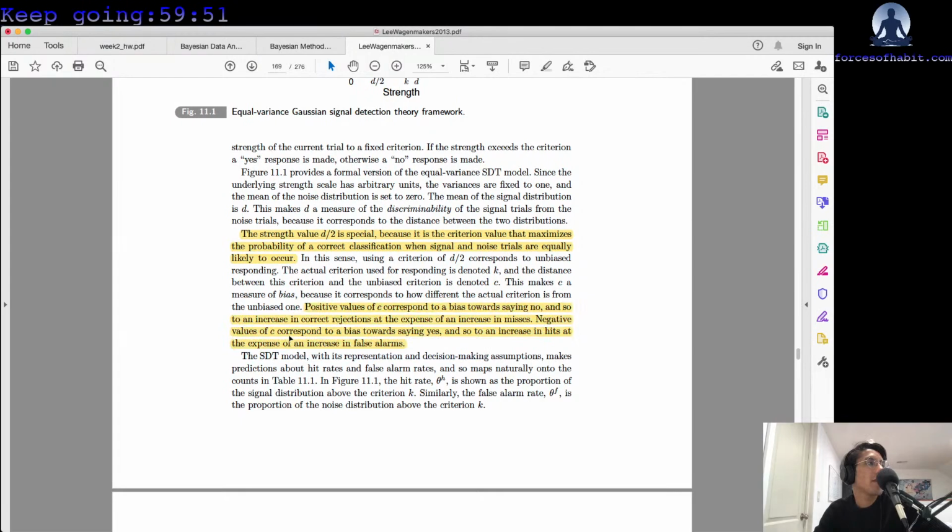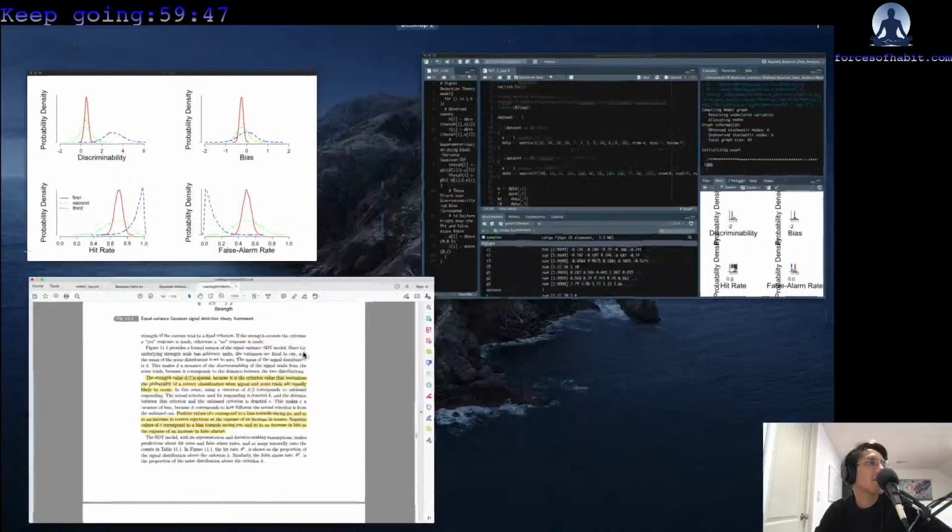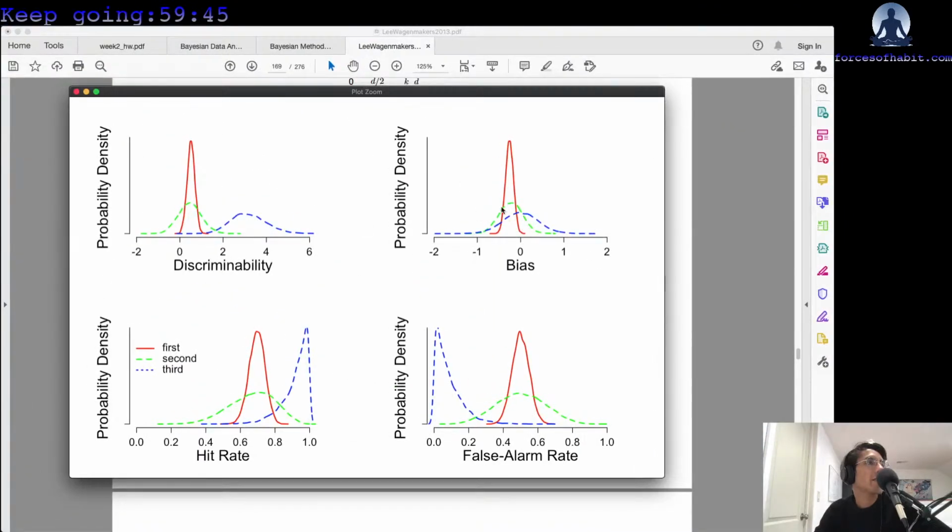Negative values of C correspond to a bias saying yes. So we have a slight yes bias for these, but there seems to be a large probability of this also being equal to 0.